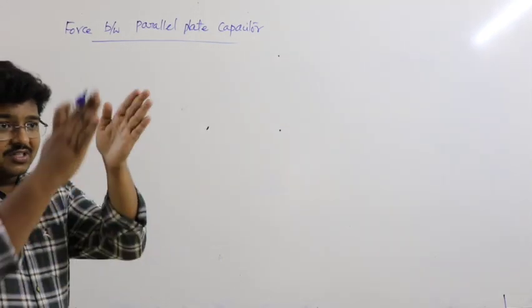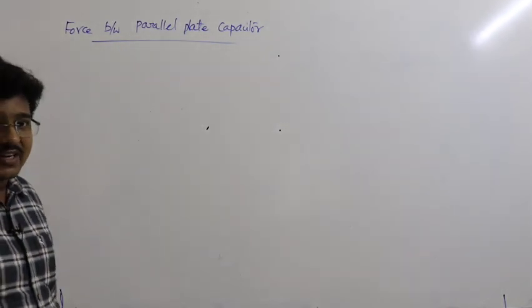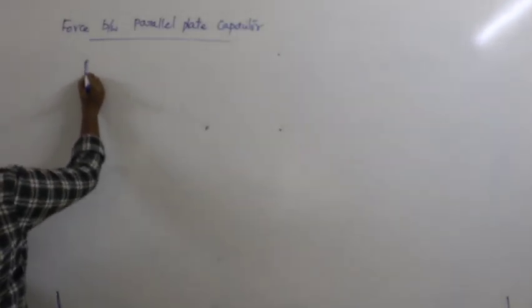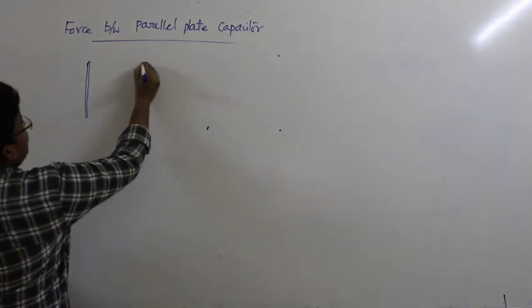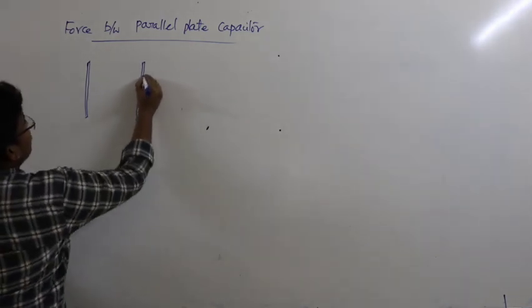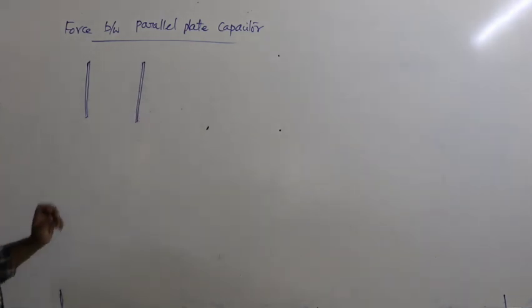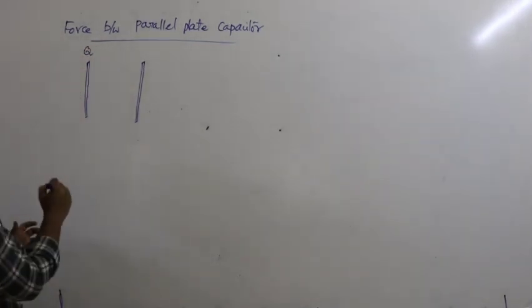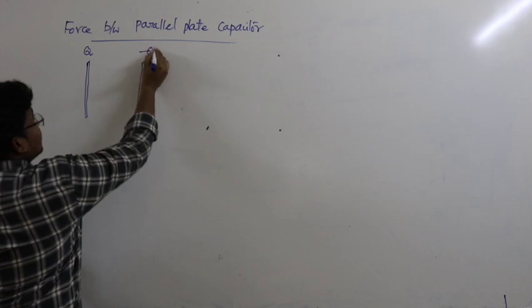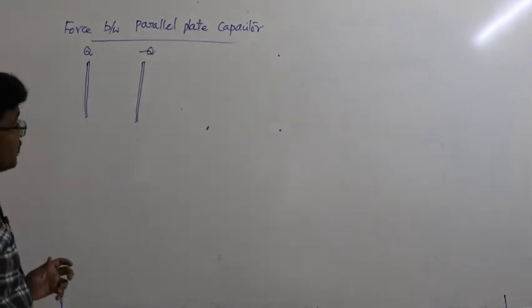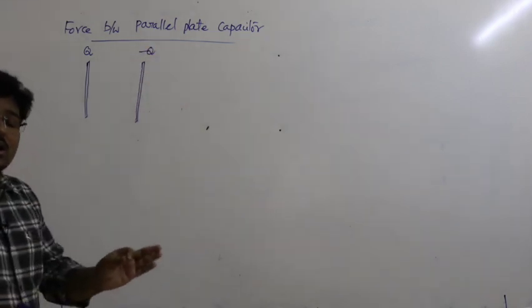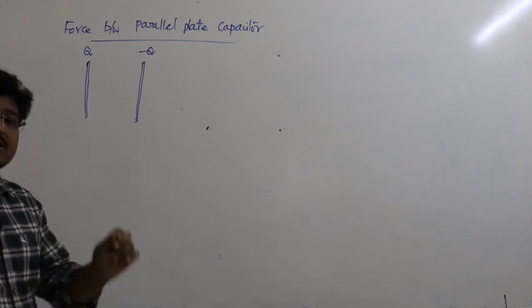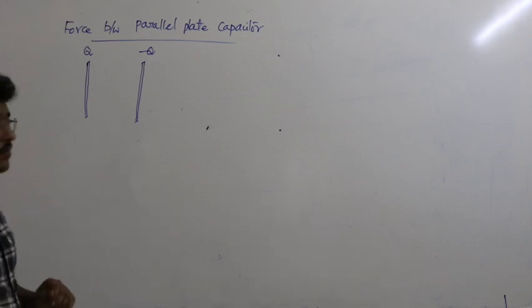Two plates kept parallelly, that is a parallel plate capacitor. So plate 1 and plate 2, and we know that the first plate is given a charge plus q and the second plate is given a charge minus q, but conventionally the charge of the capacitor is nothing but plus q only.